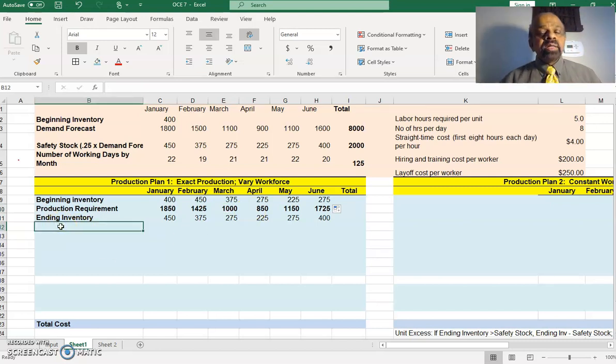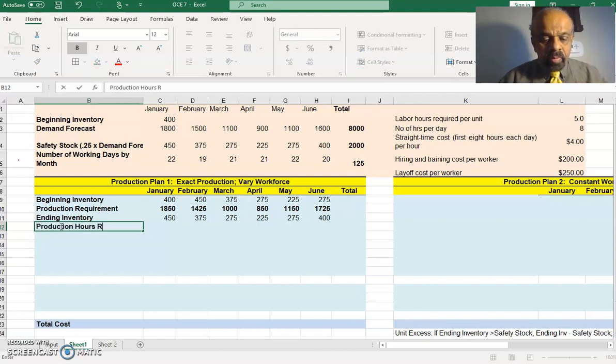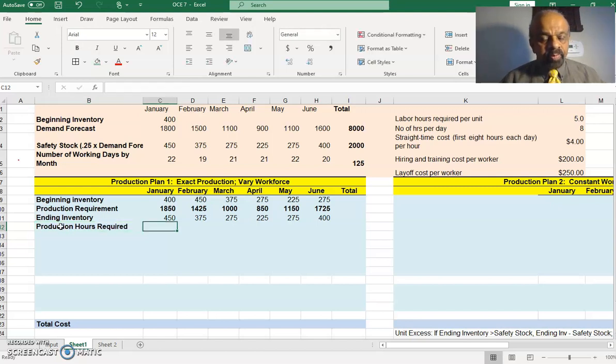Now I need to find the number of workers I need. And then based on the number of workers, now I can find out the cost and all that stuff. Okay, let's do that. The first thing I'm going to do is what is called production hours required, because I have various things here which I'm going to use.